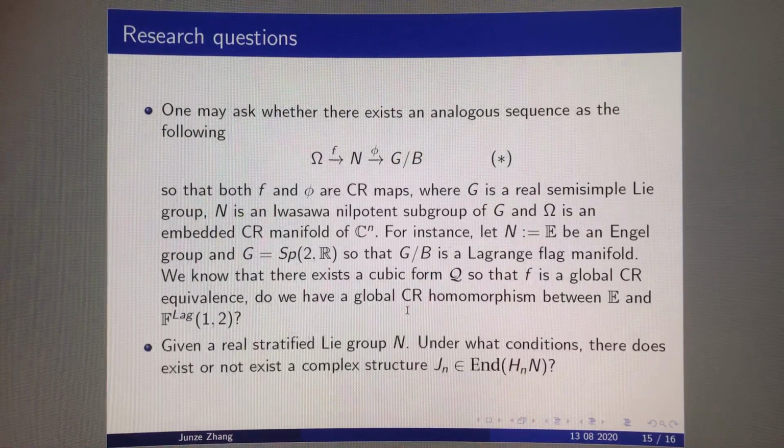And the second one is, given a real stratified Lie group, under what conditions does there exist or not exist a complex structure defined on the horizontal distribution, so that N admits a CR structure or admits no CR structure.